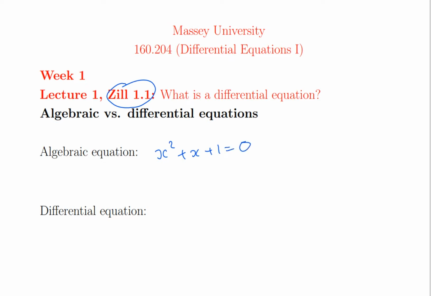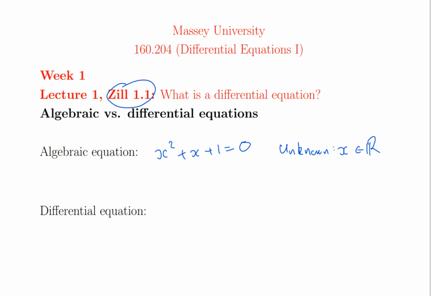The point is that the unknown here is x. We're solving for x, and it might be a real number, so we write x as an element of the real numbers. We're looking for a number in this case, and that one is a quadratic equation, so it could be solved in several ways: use the quadratic formula, factor it, complete the square. There's all sorts of techniques for solving algebraic equations.